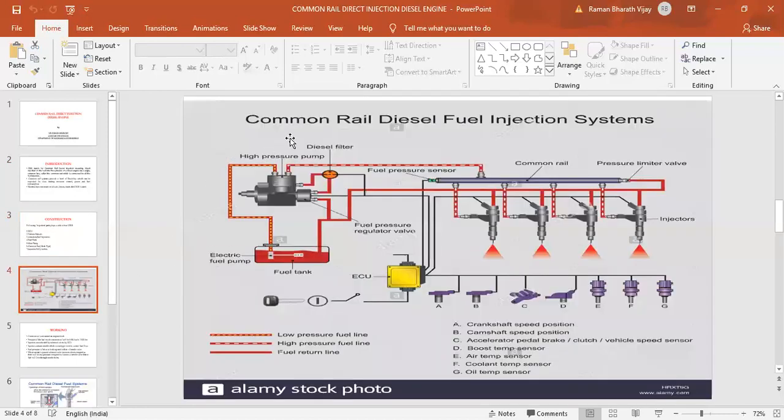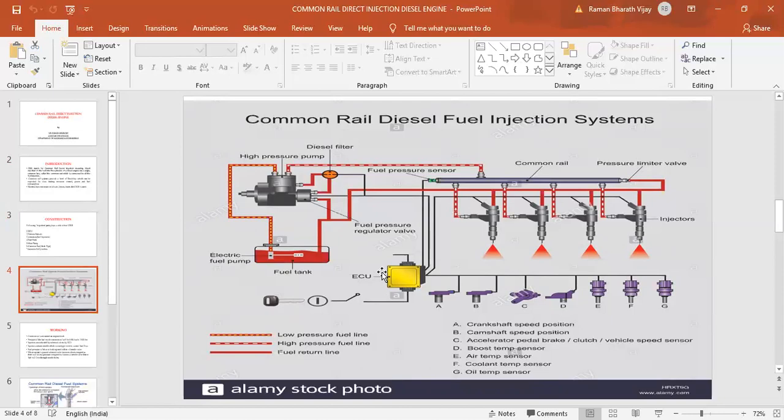This is the diagram of the common rail diesel fuel injection system. As my cursor moves, you can see the parts and understand them. First, I have kept my cursor here. This is called the ECU, engine control unit.